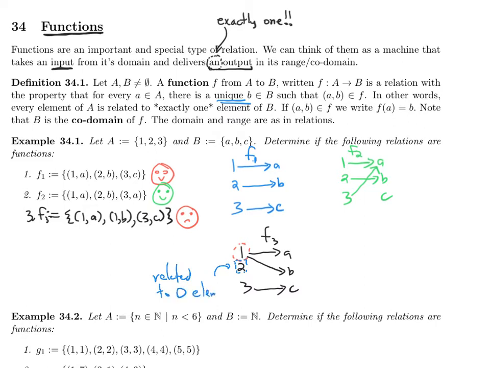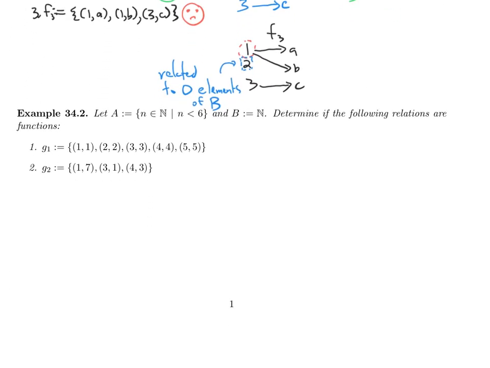So this is related to 0 elements of B. So it's not related to exactly 1. 0 is not 1. So there are in fact 2 counterexamples to this being a function, 1 and 2. Let's scroll down and do a few more.